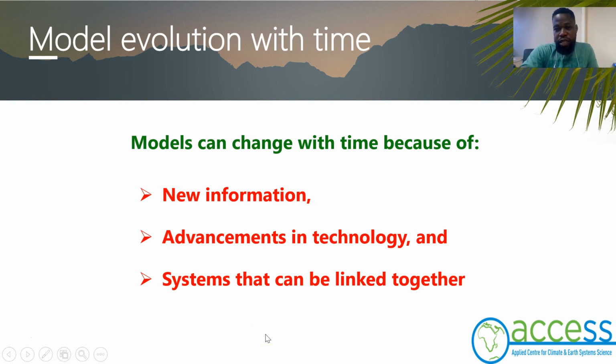And at times, since the earth system processes are so many, if linkages can be made between different processes, then hybrid models can be produced to actually quantify the processes and link them together.